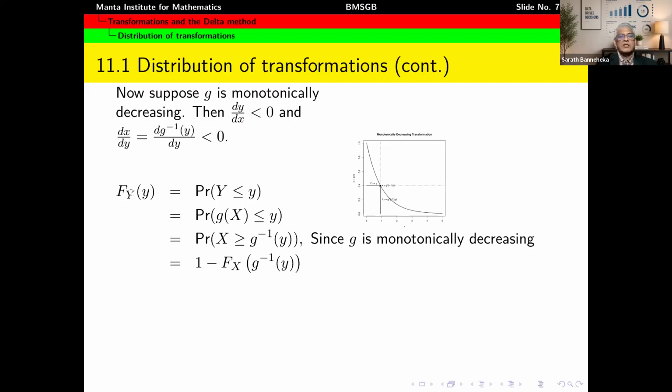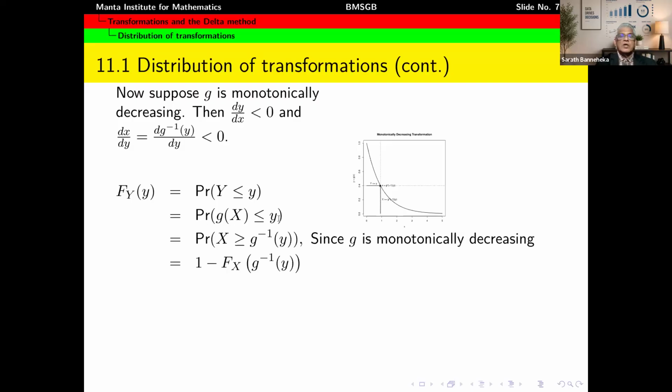So in that case, again, if you apply the same argument, the cumulative distribution function of y evaluated at a real number simple y is, by definition, again, the probability y less than or equal to simple y, which is the same as the probability g of x less than or equal to simple y.